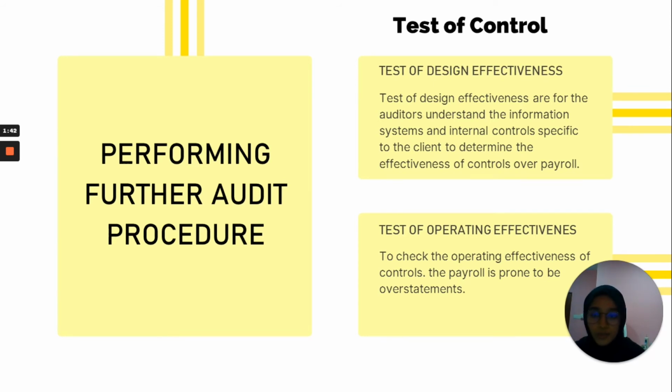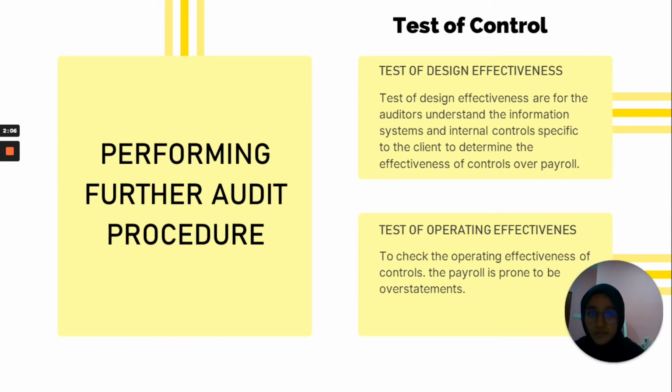Tests of operating effectiveness are audit procedures performed to test the operating effectiveness of controls to prevent, or detect and correct, material misstatement at the relevant assertion level. The assessment involves a test of design and also operating effectiveness.